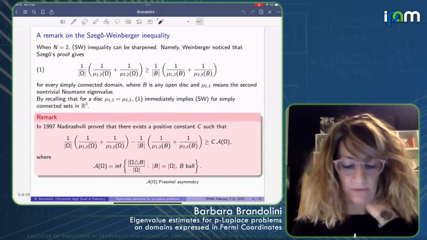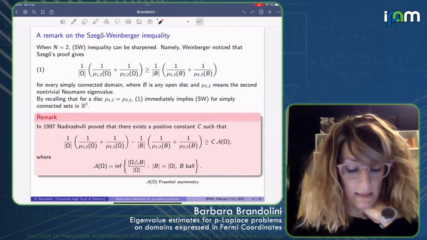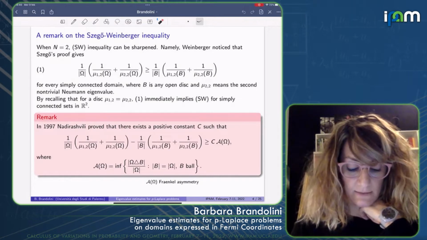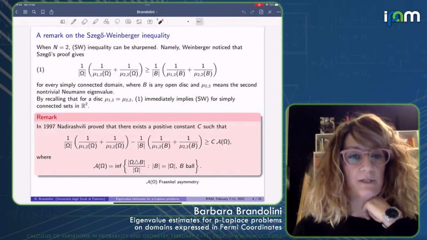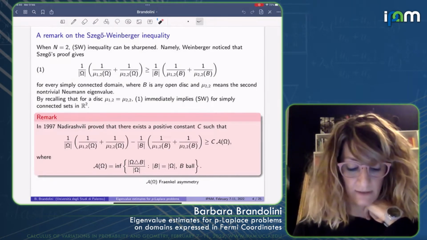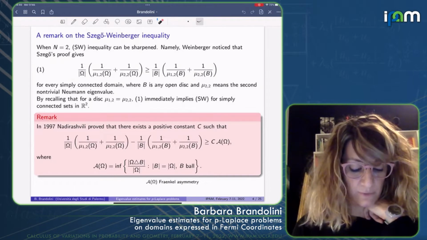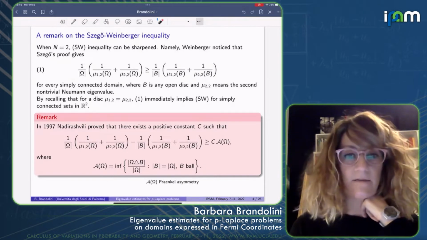Just a few remarks on this inequality. One, there is a quantitative version of this inequality, or if you want, a sort of stability inequality, which was proved by Nadirashvili in 1997.